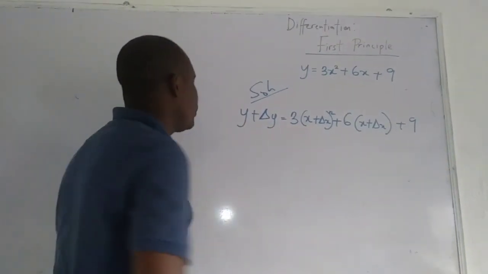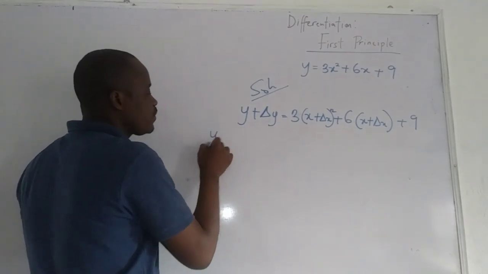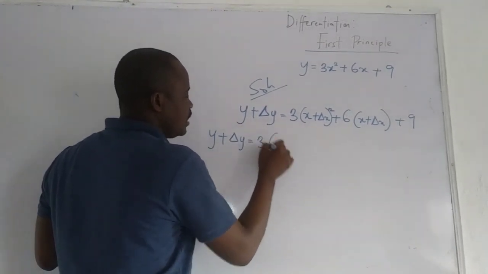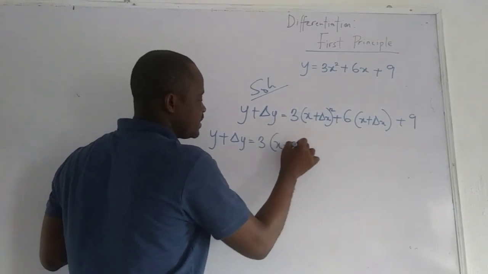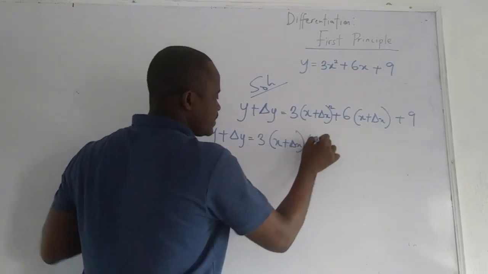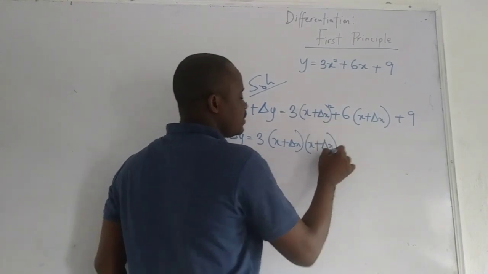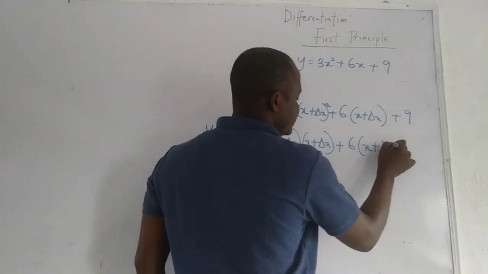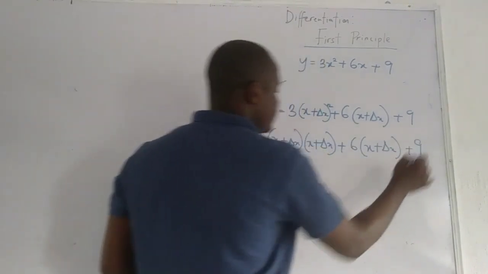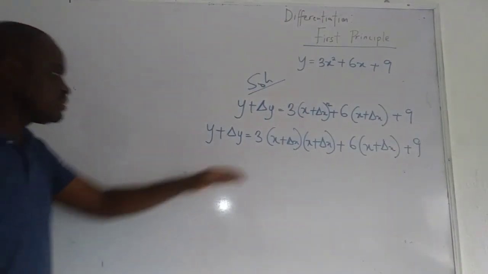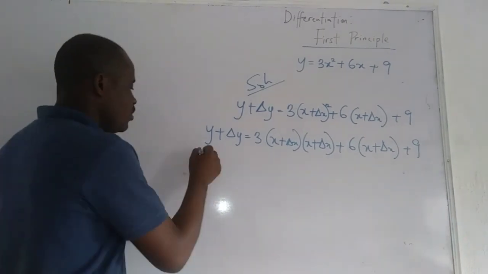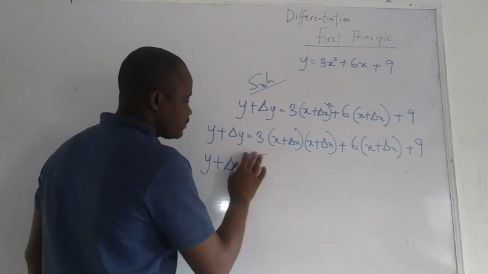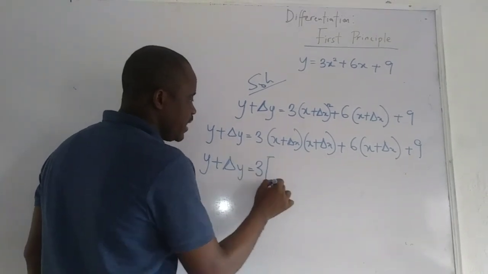Expand this. So when you expand this will be y plus delta y equals 3 into (x plus delta x) all squared plus 6 into x plus delta x plus 9. Then after this, the next thing you do is, let's multiply this. This will be y plus delta y equals 3 into brackets.